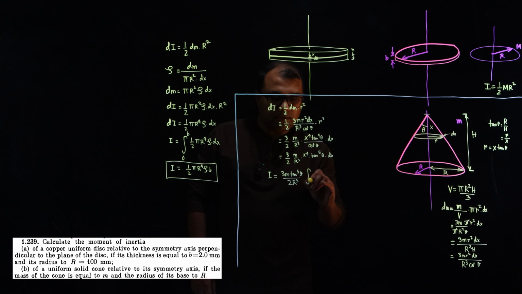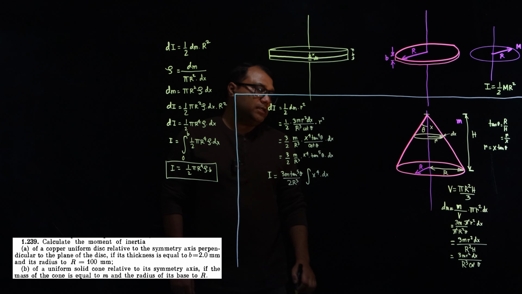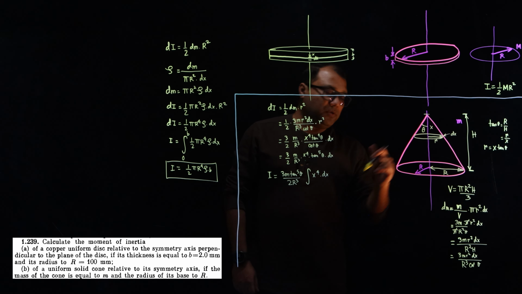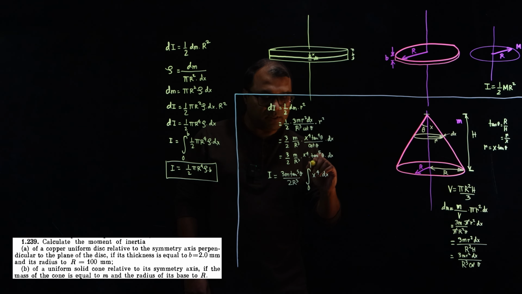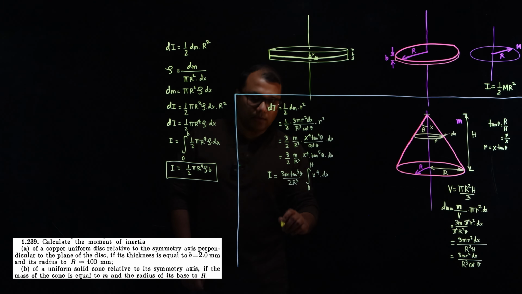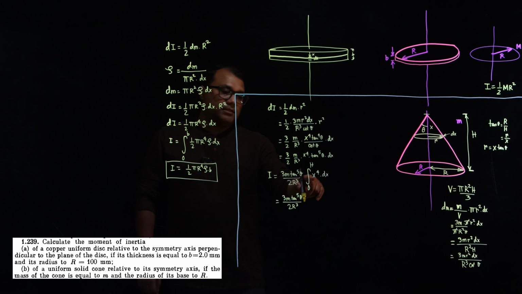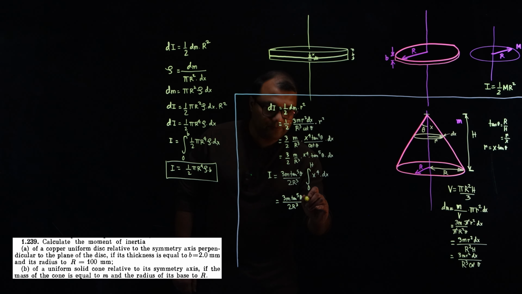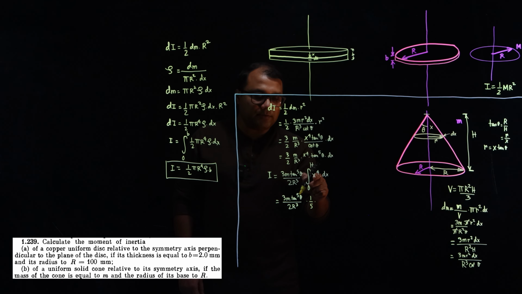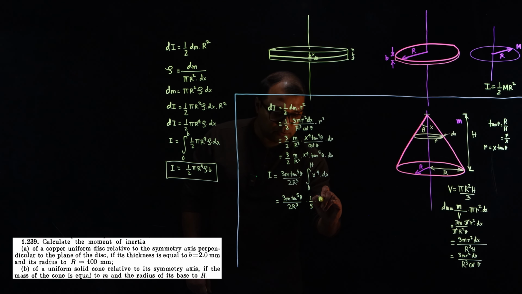We have integral x to the power 4 dx. Now what's the range of x? x is from 0 to h. Now this is 3m tan to the power 3 theta divided by 2R cube. This is x to the power 5 by 5, so 1 by 5, and if I substitute the value of x, so h to the power 5.